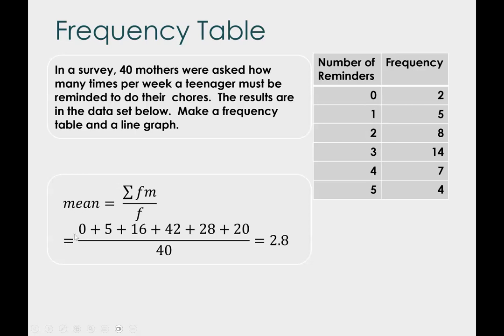I just did that calculation out here. So we had 0, 1 times 5 is 5, 2 times 8 is 16, so forth. I have 42 plus 28 plus 20, and add those and divide by 40, and you get 2.8. That kind of makes sense because the 2 and the 3, it's somewhere right around there.